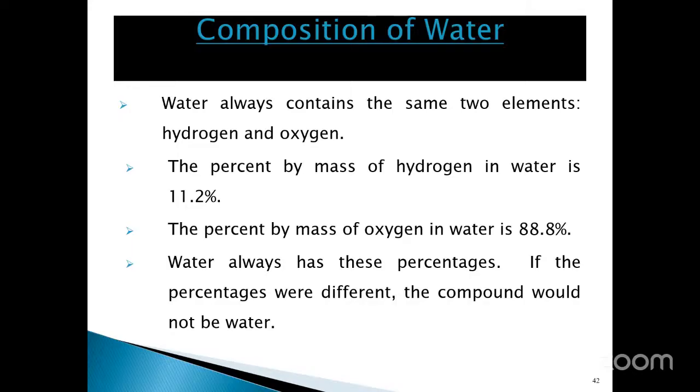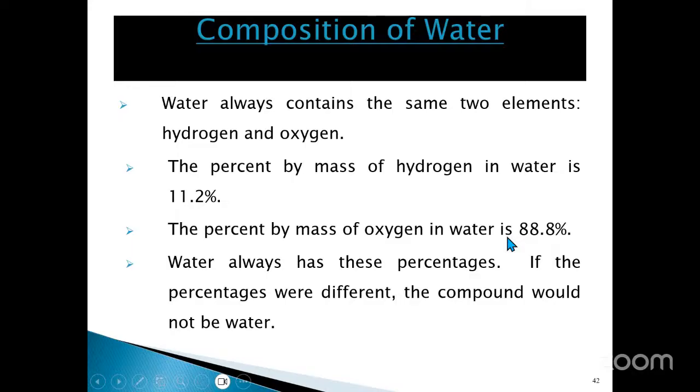So if you look at water in a more detailed way, if you could break down water into its constituent elements and you weigh the hydrogen and the oxygen, what you'll find is that 11.2% of the water that is broken down would be hydrogen, and the rest, which is 88.8%, would be the oxygen, right?